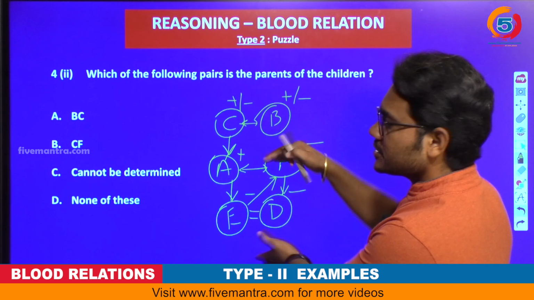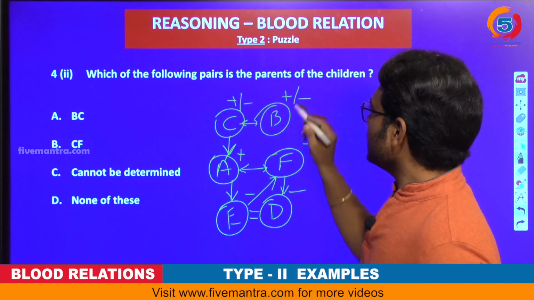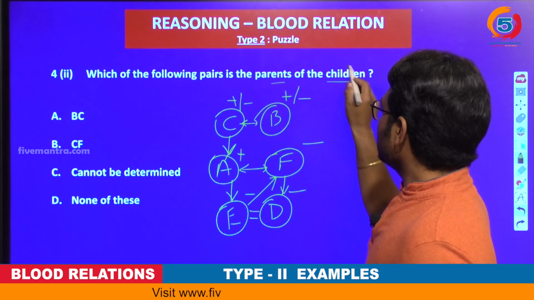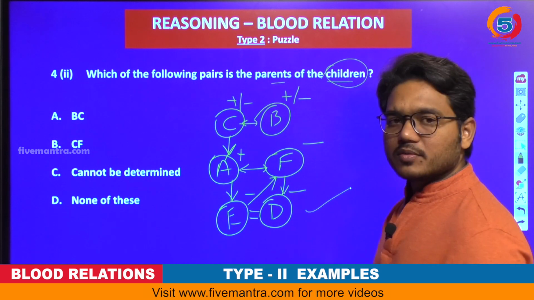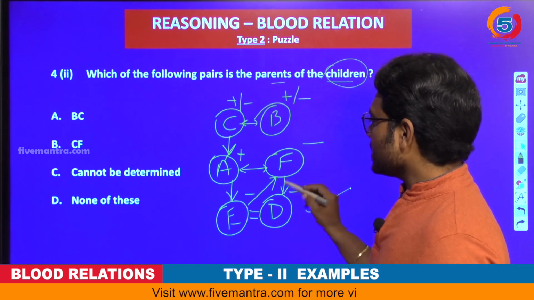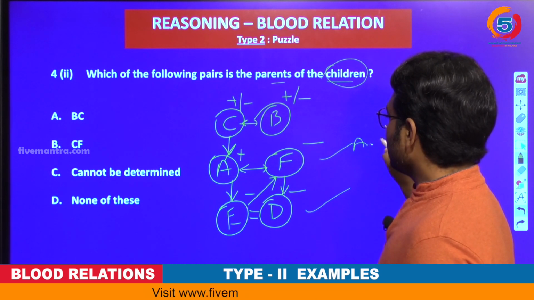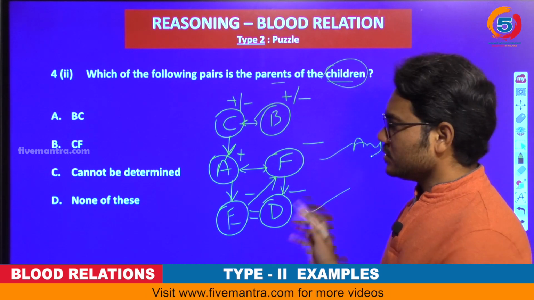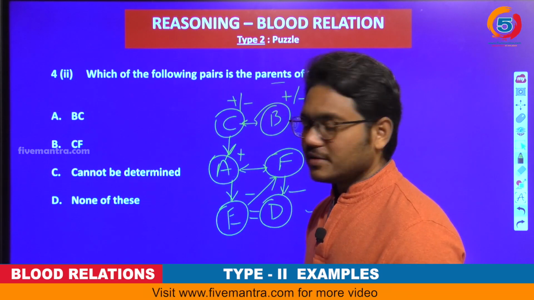So obviously 3 generations we have drawn. So whom are we talking about? Parents of the children. So where are the children here? These are the children we are talking about. So who are the parents here? A and F. So this is the answer, isn't it? So what is the option here? A and F is not given here.